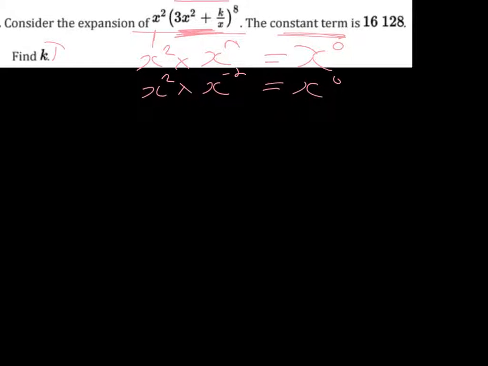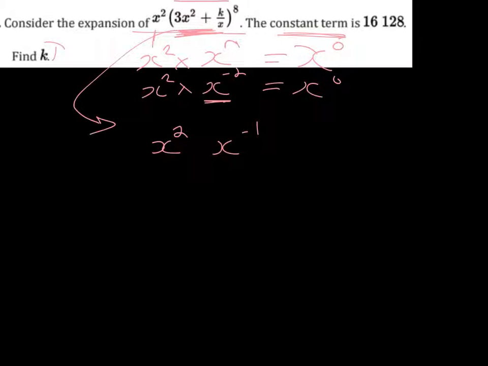So the real key to accessing this question is recognising that what we need to find is the x to the negative 2 term in the binomial expansion here. If we just look at the x terms to start off with, first of all we've got x squared, and we are multiplying that by x to the power negative 1.